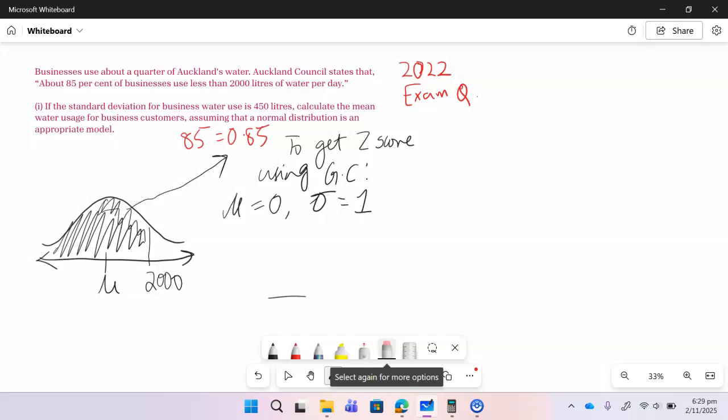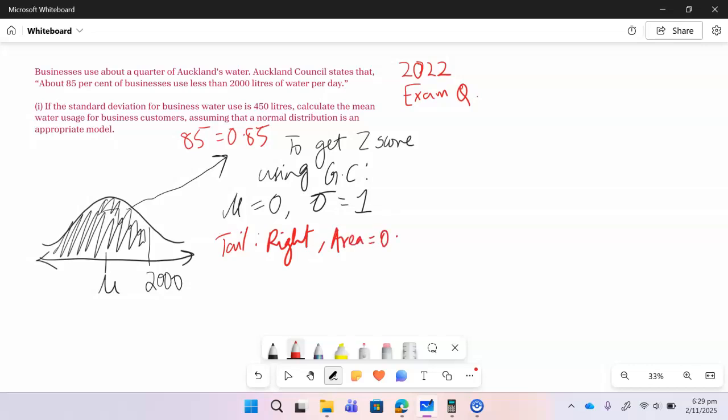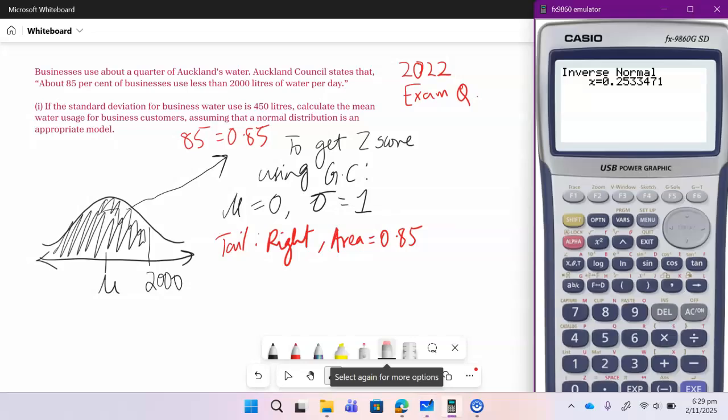It's not going to be given to you anywhere, it's just something that you need to remember. Tail is to the right. And area is 0.85. Well, we don't need x for now. Okay, so let's do this. Exit.